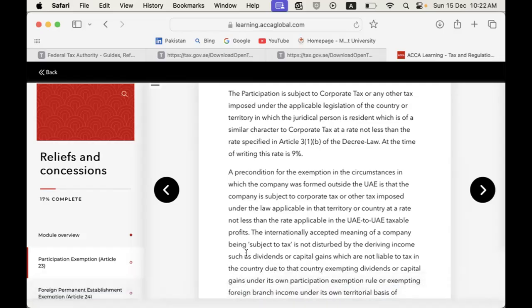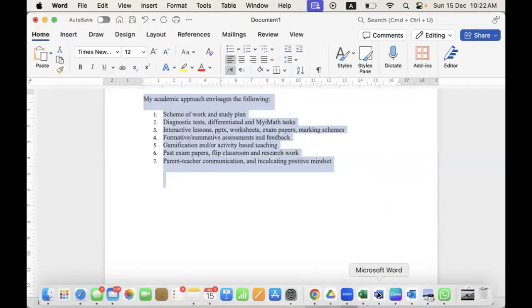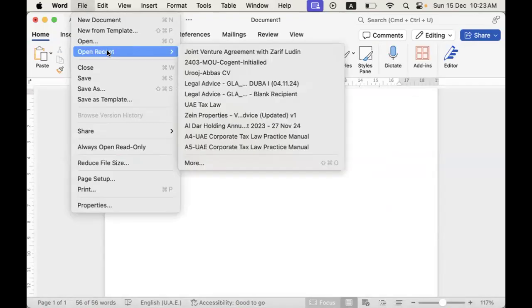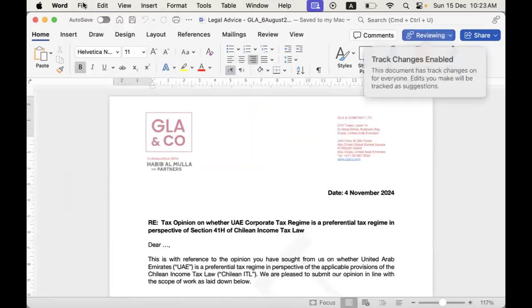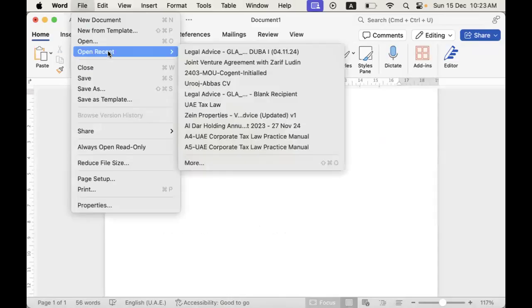Let us have a look at the decree law, because that's a question mark actually. Let me open the UAE corporate tax law.